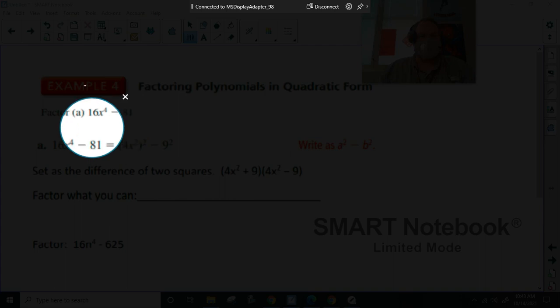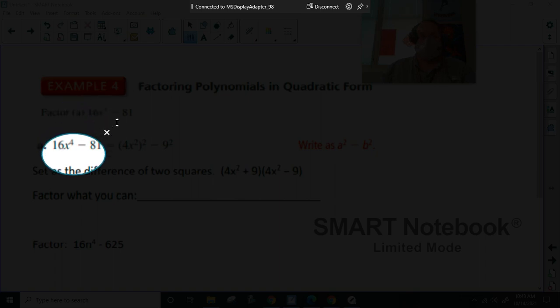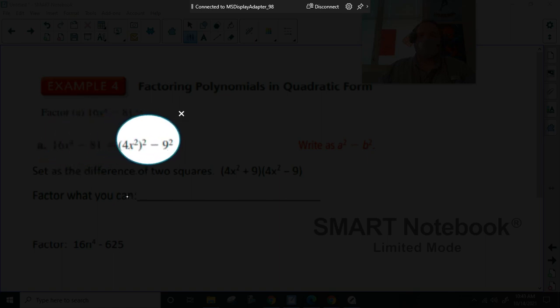All right, so here's our problem. We can rewrite this as this, which looks like the difference of two squares, right?